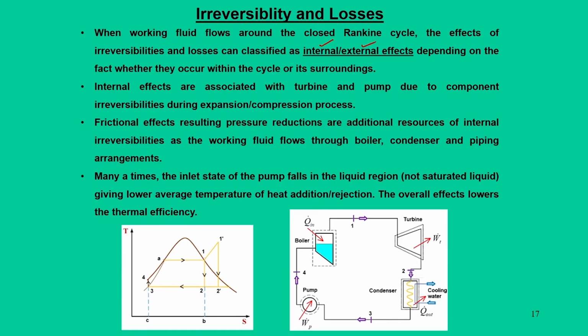Normally the boiler is the high pressure region and the condenser is the low pressure region, and ideally we say they operate at constant pressure, but due to frictional effects and losses in the piping systems, there is a drop in pressure. These are categorized as external effects, and the tendency of these external effects is to drop the net power or net work output, and they also tend to drop the thermal efficiency.